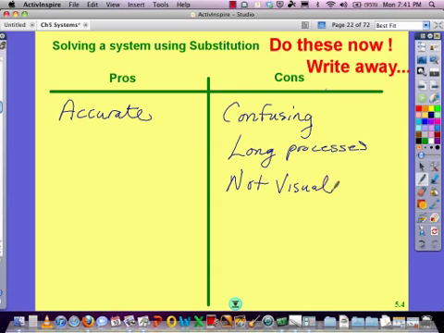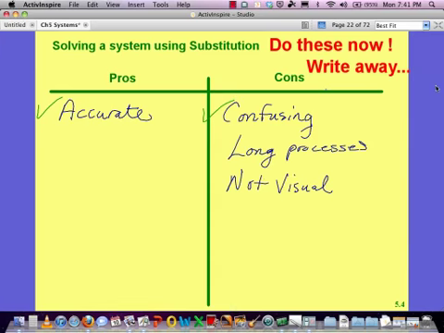Maybe you can come up with a few more pros, and we can discuss those in class as well. But right now, probably the biggies here are that we now have an accurate situation. And probably what most people say, it gets a little confusing with all the substitution. So we got to be able to figure a way to undo the confusion. And accuracy is still big. So confusion is probably the biggest thing we got to worry about.